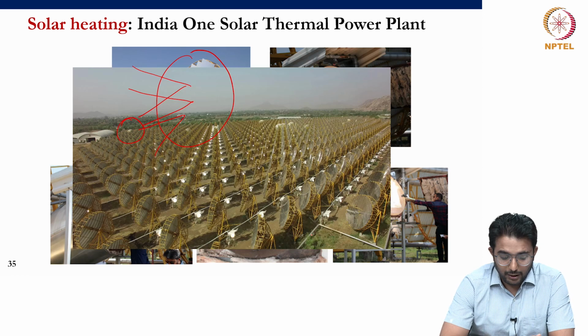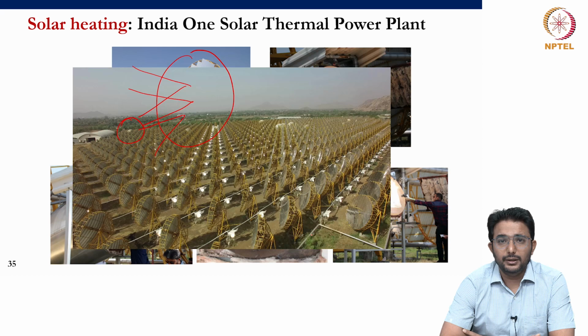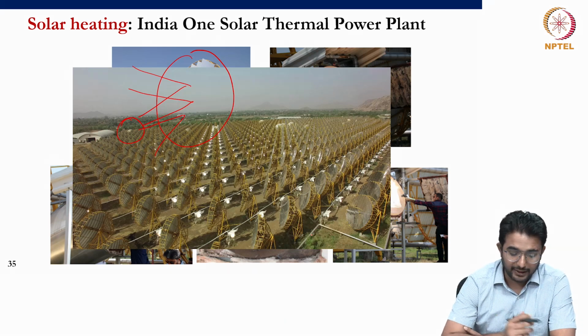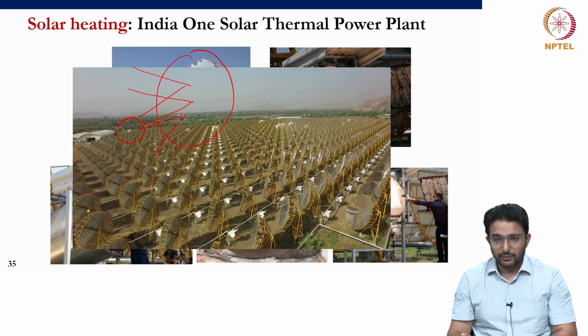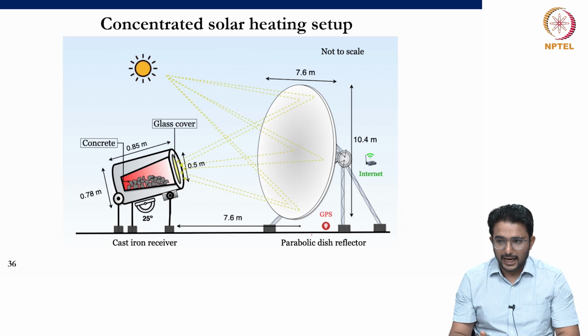Normally, these kinds of plants have a lot of parabolic dishes for generating electricity, so obviously they will have a lot of receivers. That means the quantity of treated aggregates can be higher, depending upon the number of systems that one factory will have.